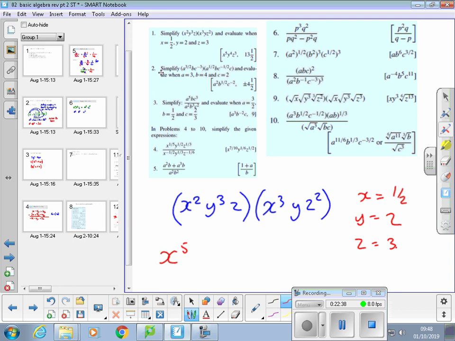Can we do that with the laws of indices? No. What can we do?